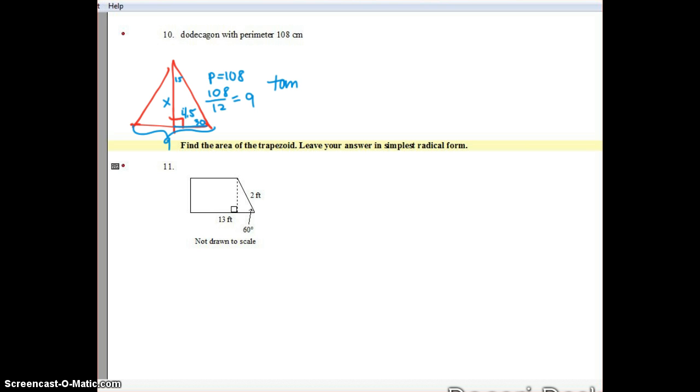The tangent of 15 degrees, tangent is opposite over adjacent. The opposite side is 4.5 in our right triangle, and the adjacent side is x, which is also the apothem.